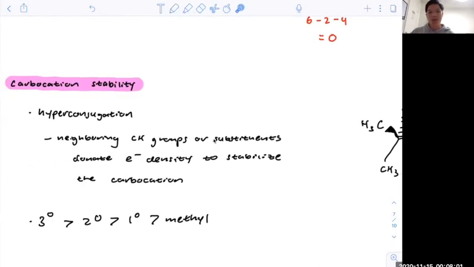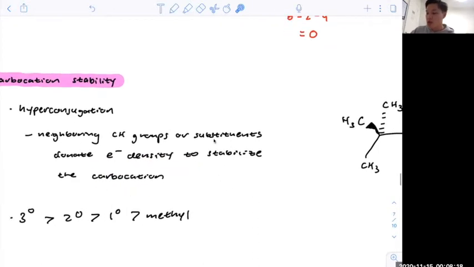I don't like using this word basically, but it simply means neighboring CH groups, neighboring methyl groups, or substituents donate their electron density to stabilize the carbocation. So this is the same thing as the carbocation or radical. In this case, we're going to focus on the carbocation, but think of it similar to a radical. It doesn't have the same chemical properties, but it has the same properties to make it stable as a radical.